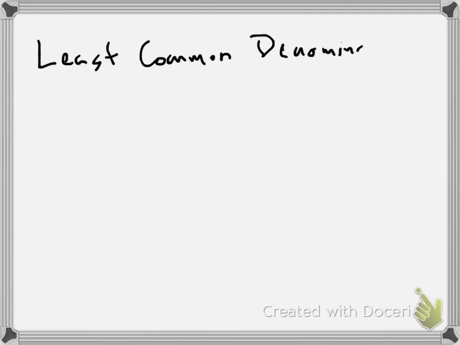So the first thing we're going to talk about is the thing called the least common denominator. Okay, very, very common for us to call this the LCD. You're going to hear that abbreviation fairly often. I'm going to say it, and you'll hear it in your future classes as well.